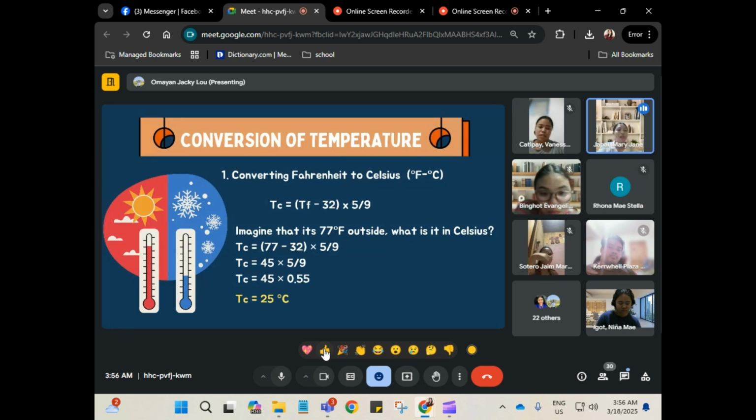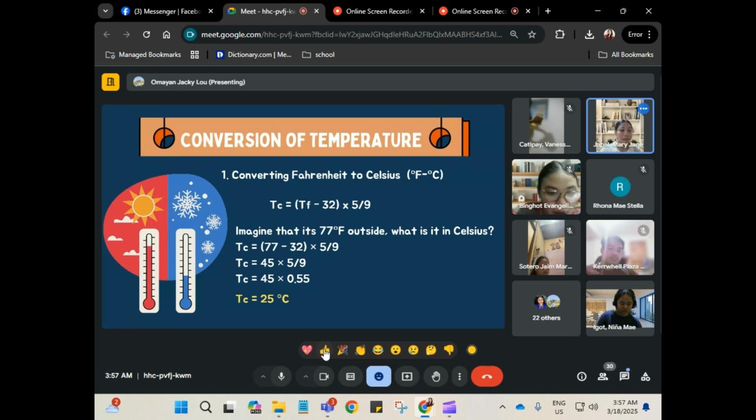So let's go to converting Fahrenheit to Celsius. We have here a formula, class. Temperature in Celsius equals temperature in Fahrenheit minus 32 times 5 over 9. Let's say it's 77 degrees Fahrenheit outside. What is it in Celsius? We write down the formula. Temperature in Celsius equals 77, because it is 77 Fahrenheit, minus 32 times 5 over 9.